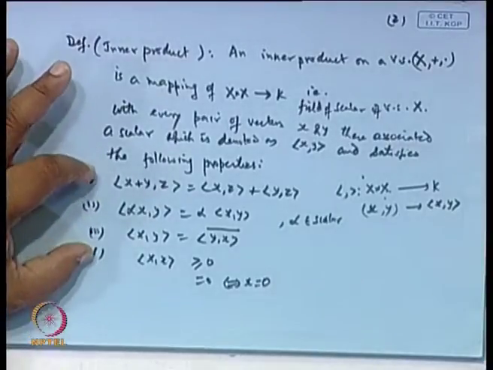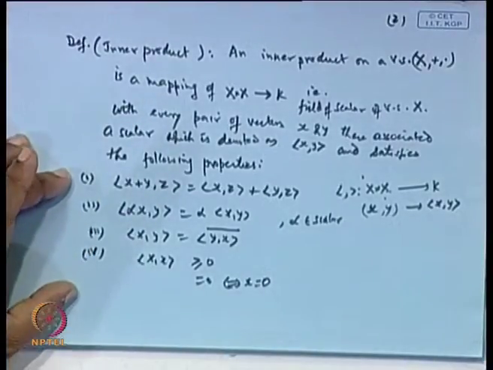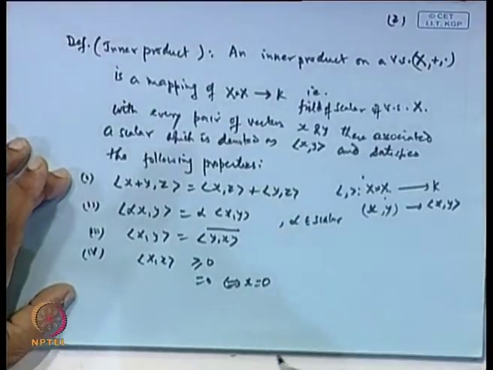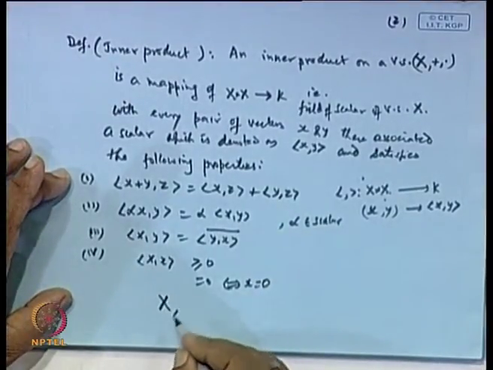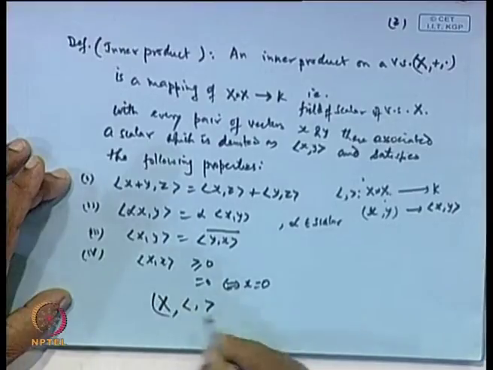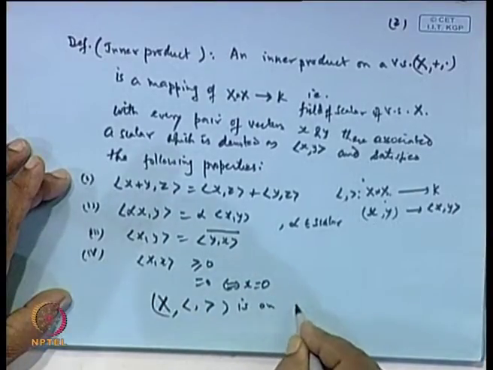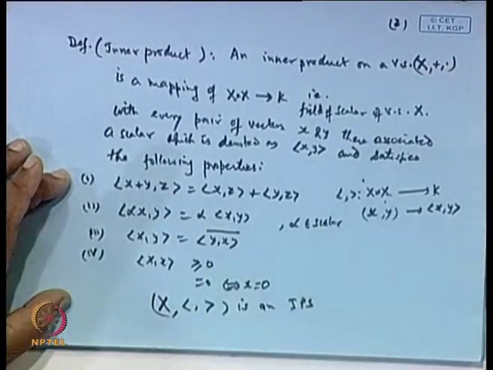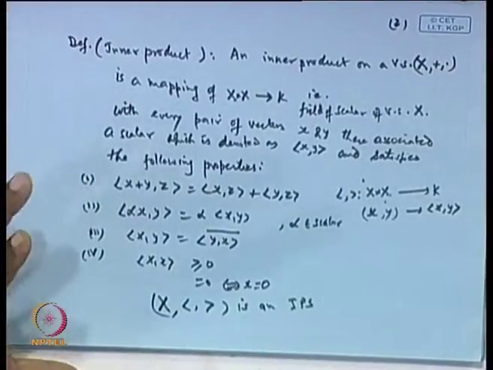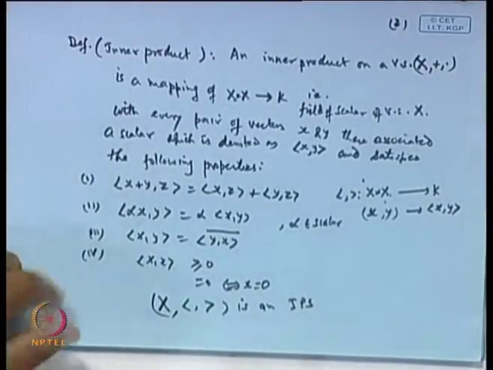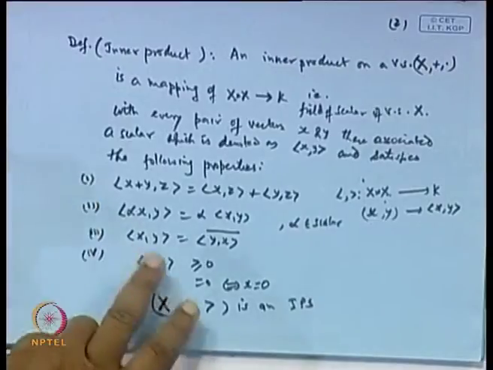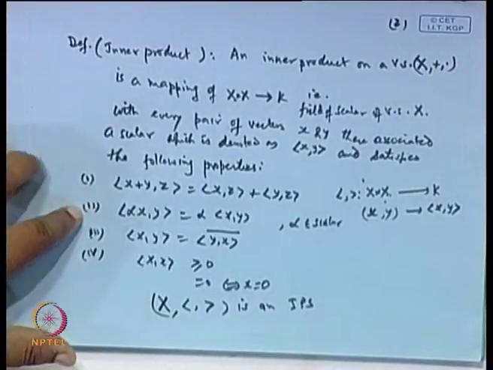So, if these four properties are satisfied, then we say this structure X under this mapping is an inner product space, IPS. Now, let us look at what these properties are.